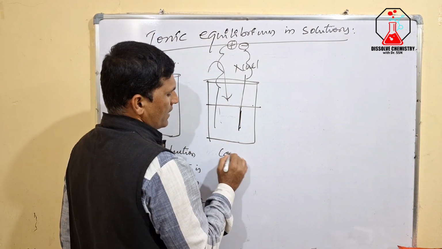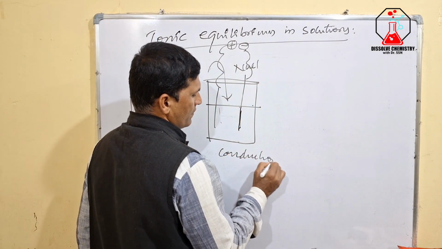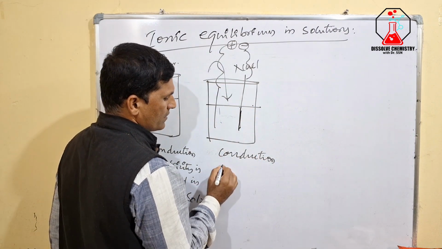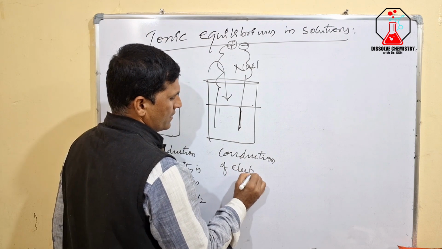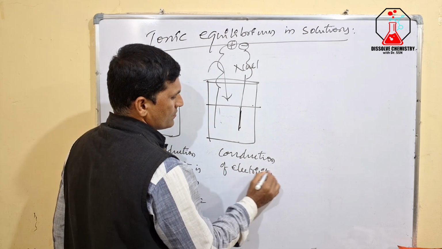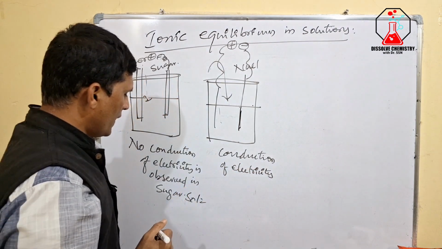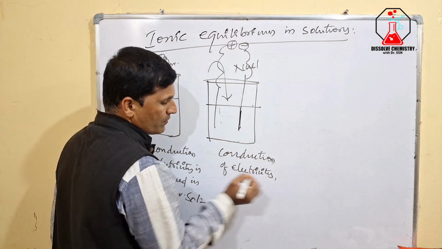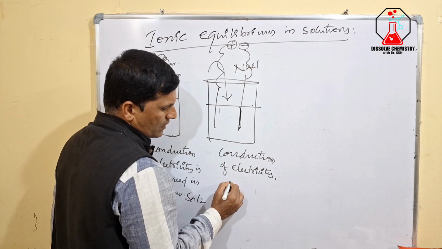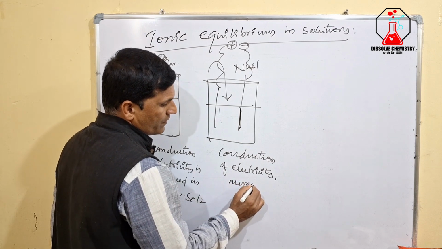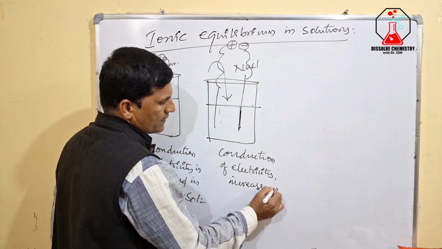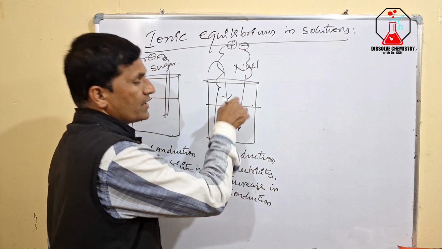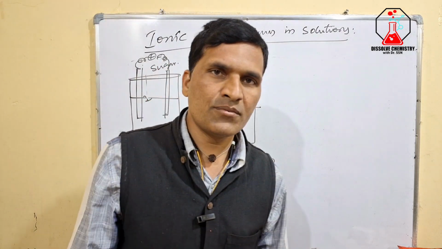Similarly, when you pass the electricity through NaCl solution, you observe there is a conduction of electricity. And apart from this, we will also observe an increase in conduction upon increasing the concentration of NaCl.